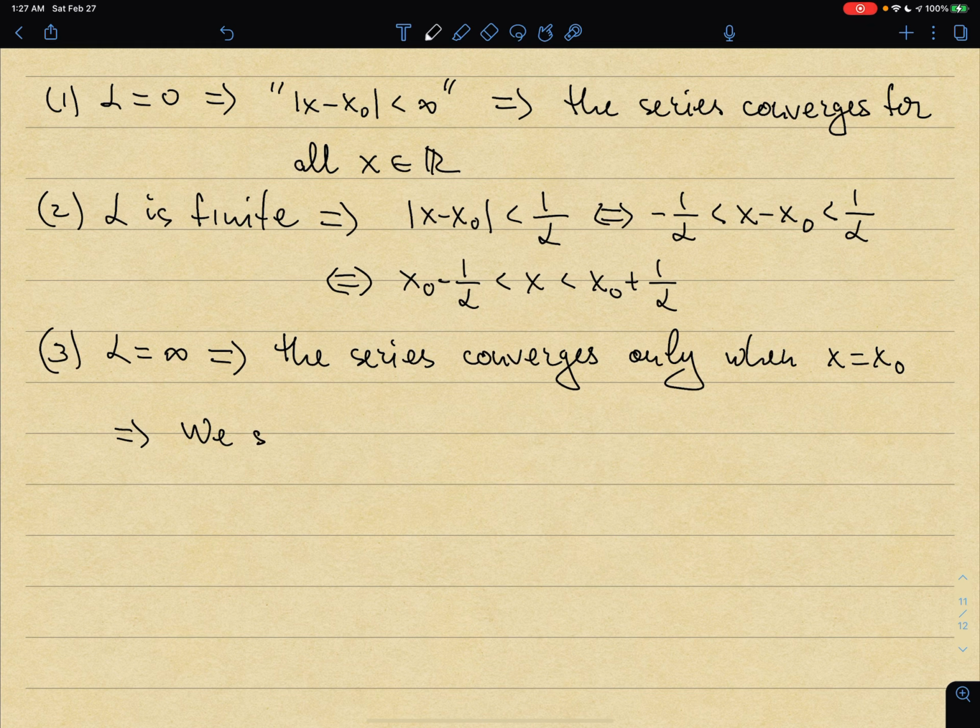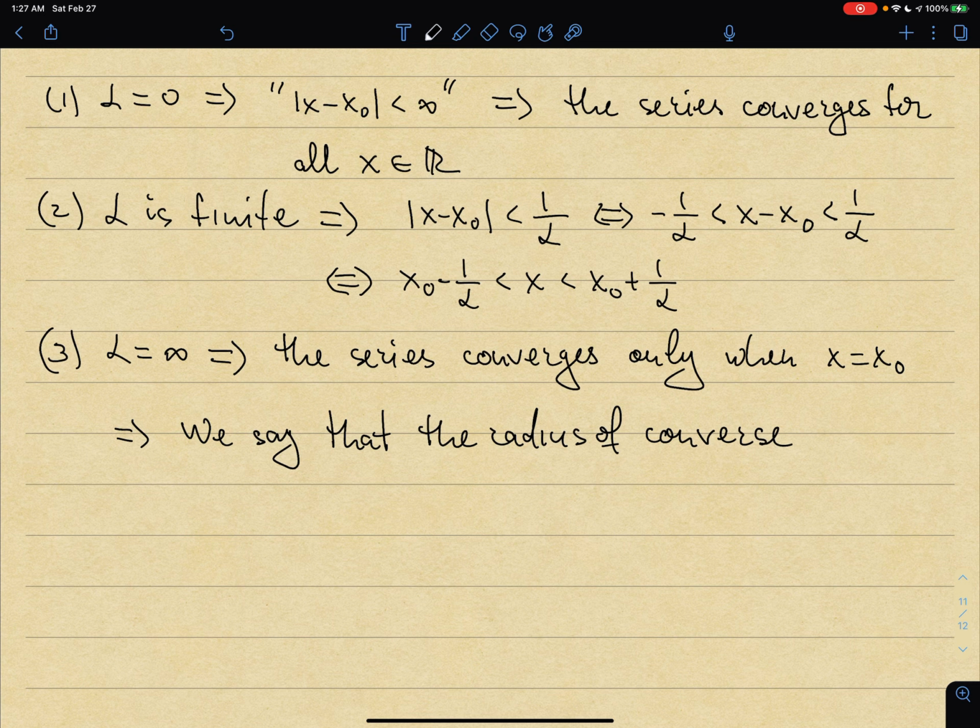So we say that the radius of convergence, you sort of pretend that the symmetric interval around x0 is a one-dimensional analog of a circle. So its radius then is going to be what?